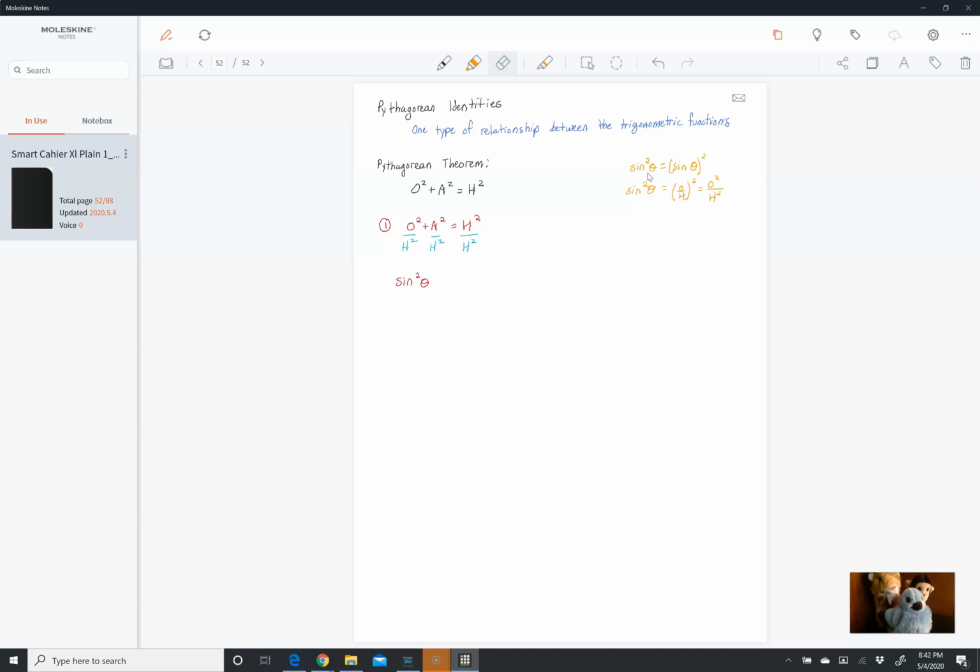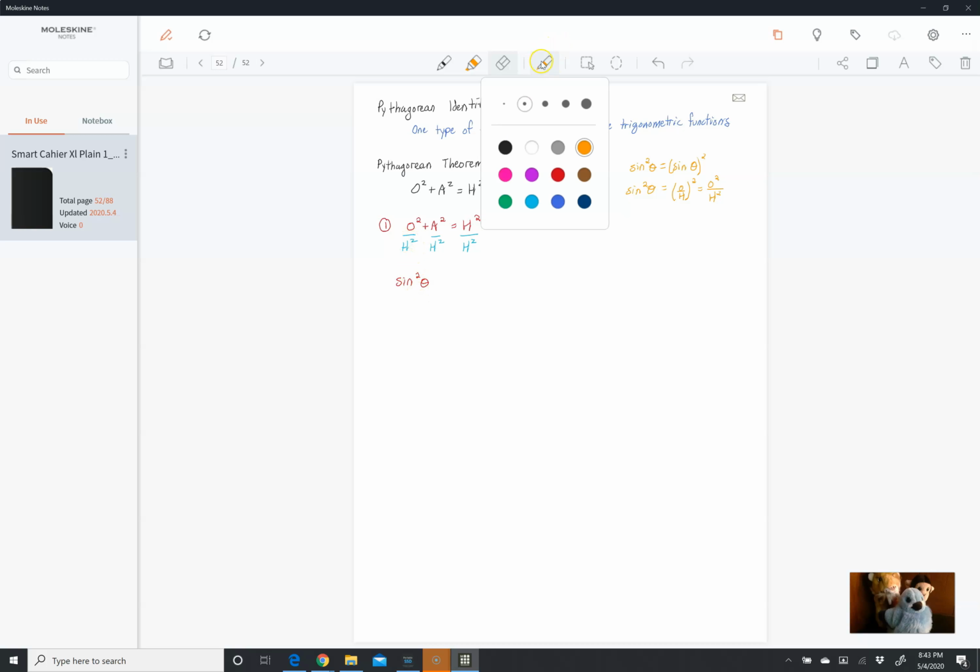That -1 is not an exponent, and that can be very confusing. So that's why we use arc sine instead of sine inverse with the -1 up here. Because this is an exponent. This is saying take sine of theta and square the sine, okay? You can't just square sin. That's not possible. So what you get here is sine squared theta.